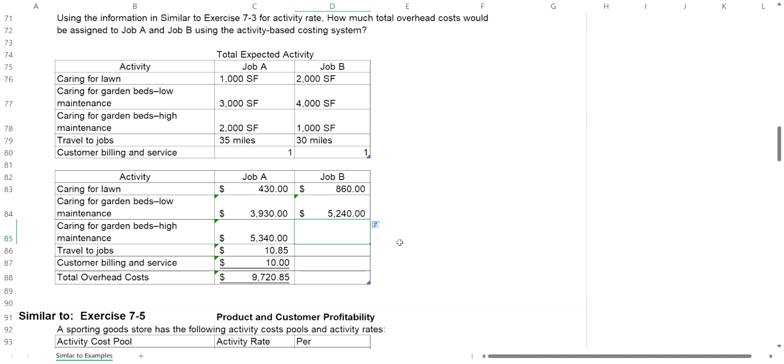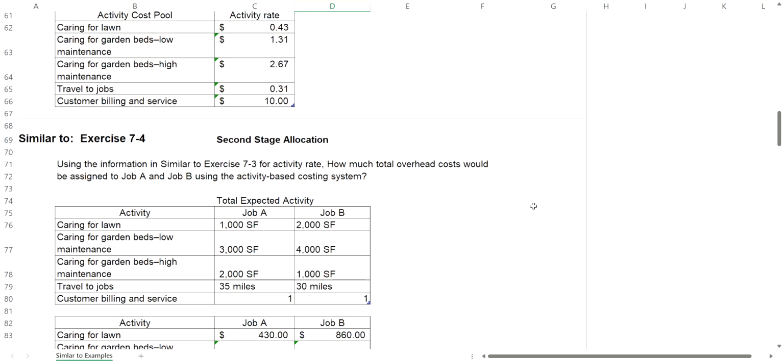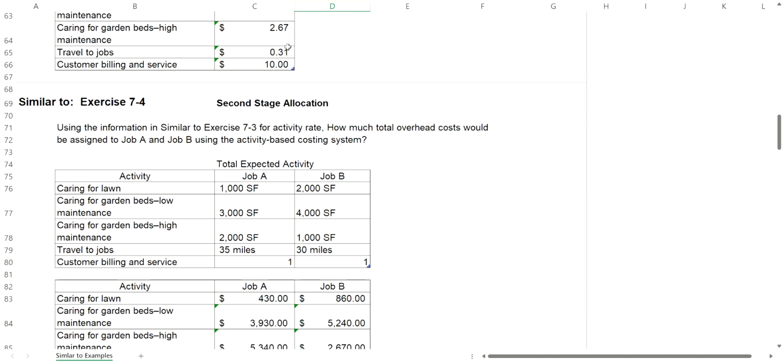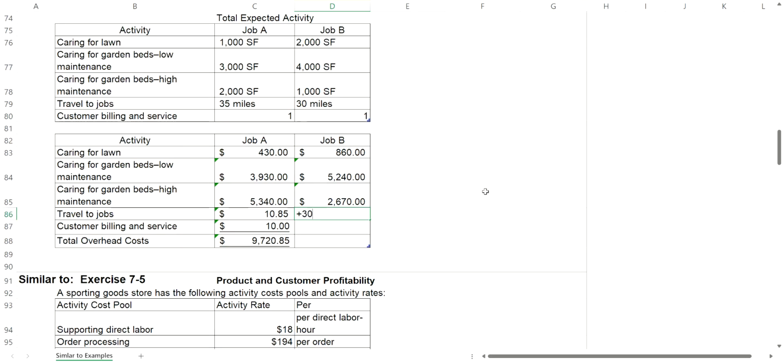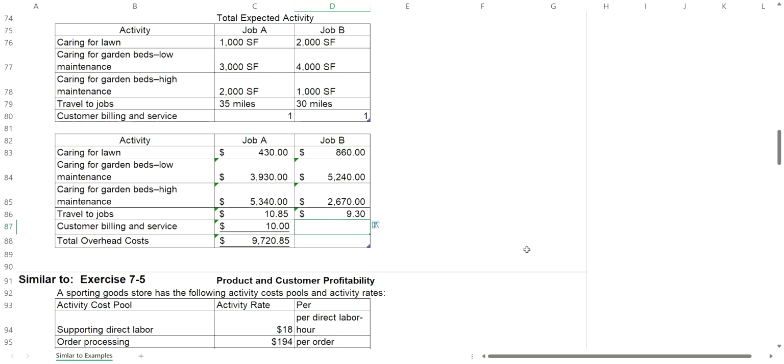Caring for garden beds high maintenance, it looks like there's 1,000 square feet at $2.67. Travel to jobs, 30 miles at 31 cents a mile. And billing for customers, it looks like one customer, and again, it was $10 per customer, so $10. I will now add the overhead going to job B, and I get $8,789.30.